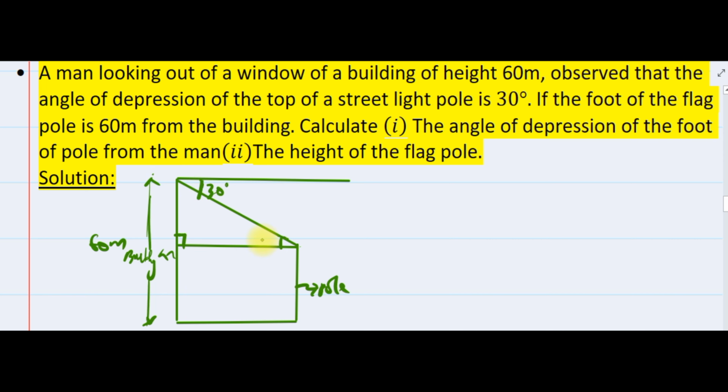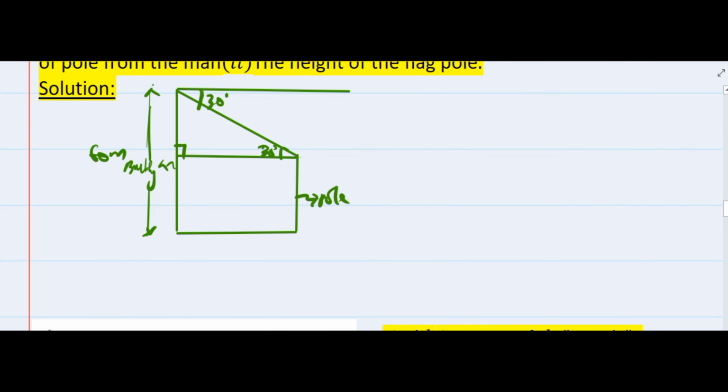Here should also be 30 by the alternate angle theorem. They also said the foot of the pole is 60 meters from the building, so here it is 60.